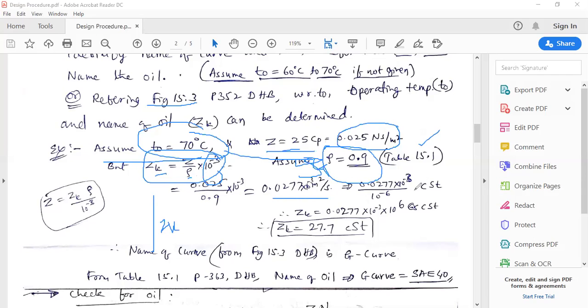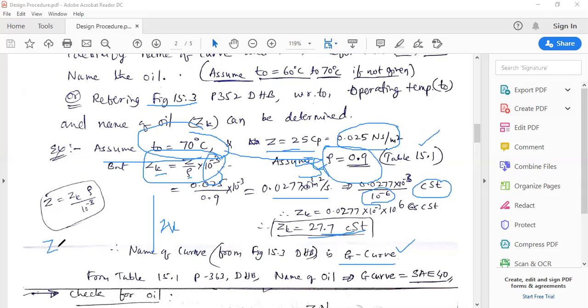Also, you have to convert it into centi-stokes by dividing the obtained value by 10 raised to minus 6, or multiplying by 10 raised to plus 6. So the answer is in centi-stokes, and that value is 27.7 centi-stokes. Based upon this, we have to suggest the curve or name of the oil. This is the procedure that we have to follow.